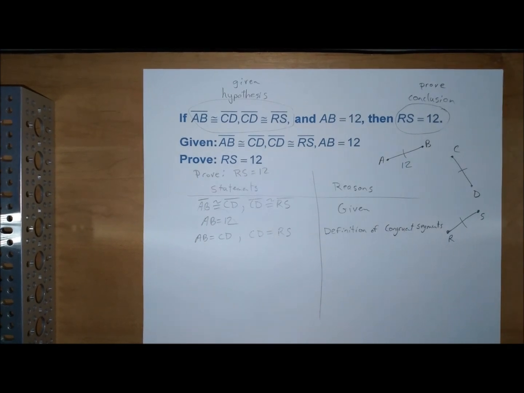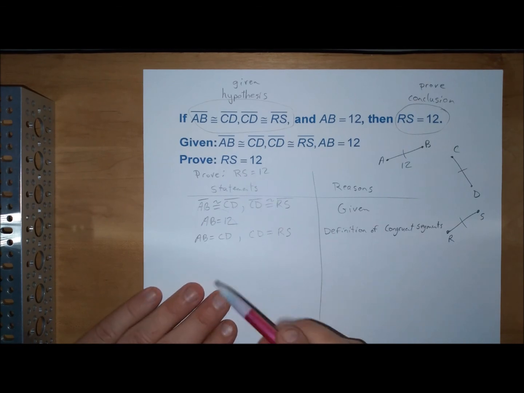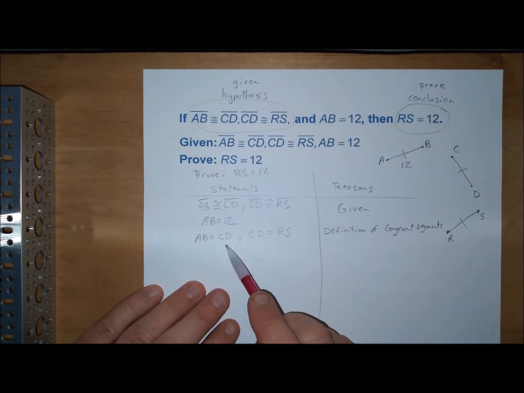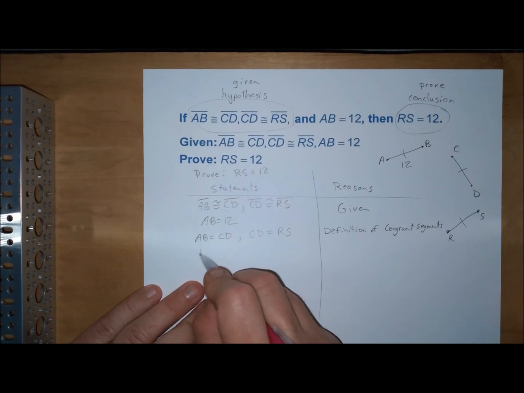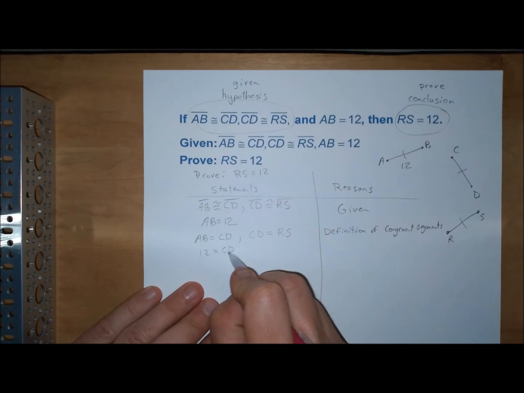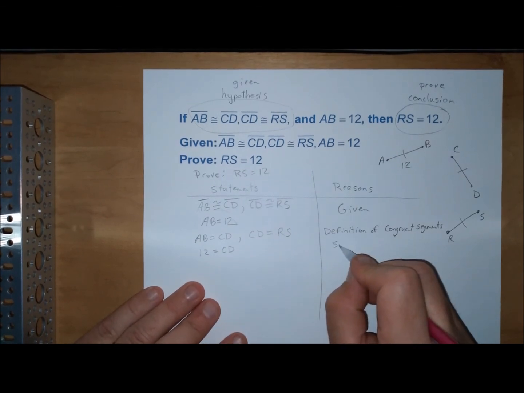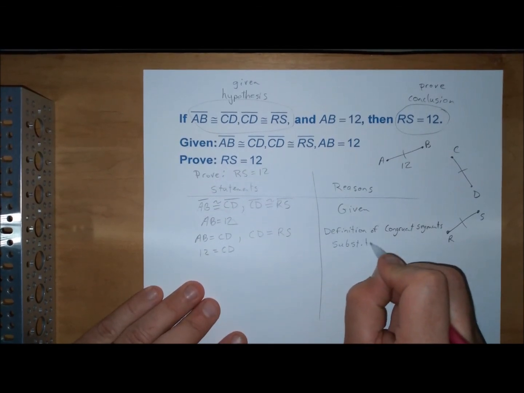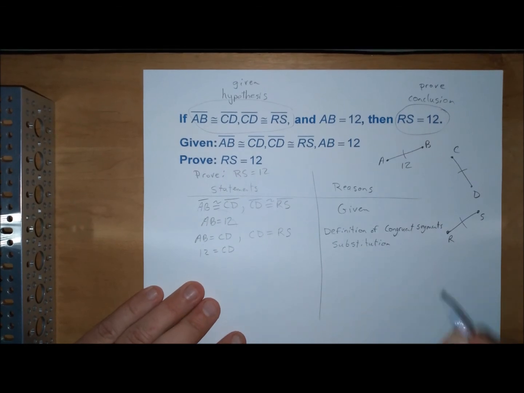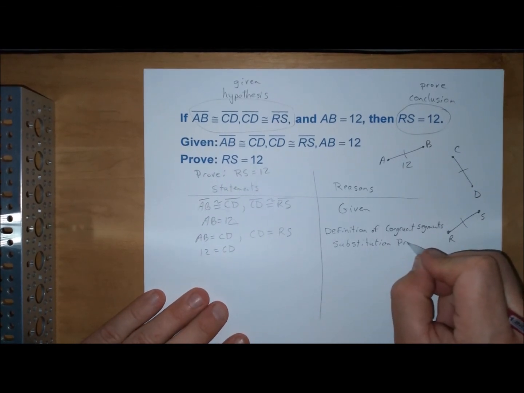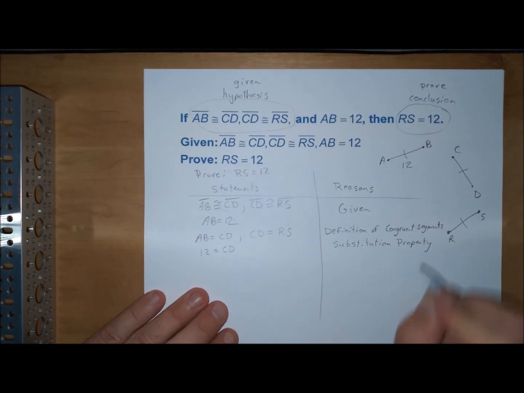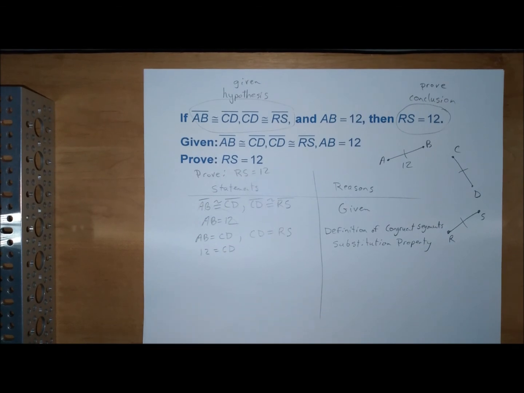Now, I think I could say that if AB equals 12, then I could substitute in 12 for AB. I could say 12 equals CD. I did a substitution. And I'll show you a quick shortcut in a second. There's another property that we've already learned that maybe you remember.